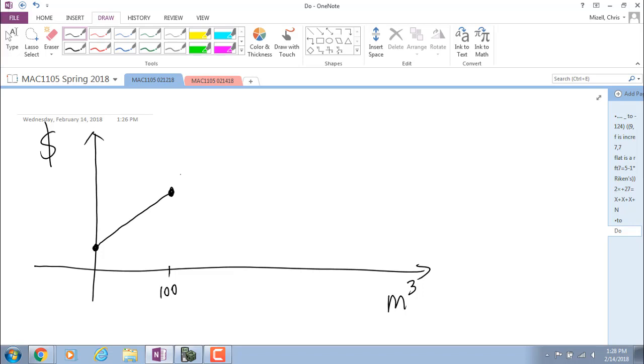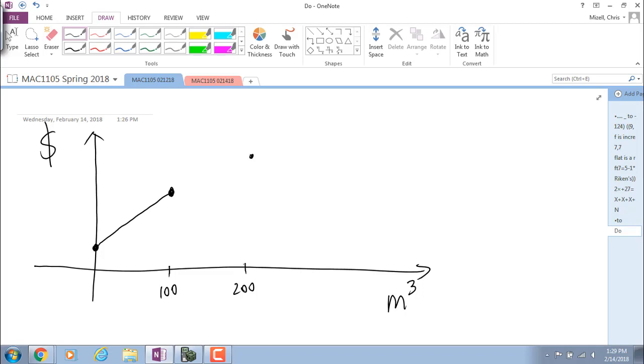Now, if the customer uses between 100 cubic meters and 200 cubic meters, they still get billed for the first 100 cubic meters, but each additional cubic meter is not as much because it's a higher volume customer.